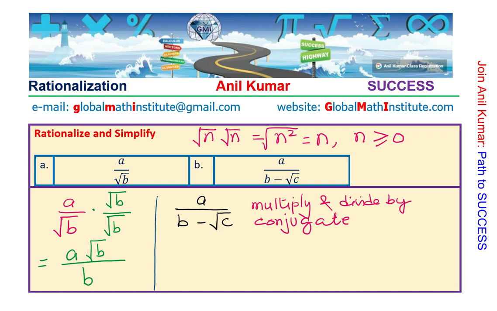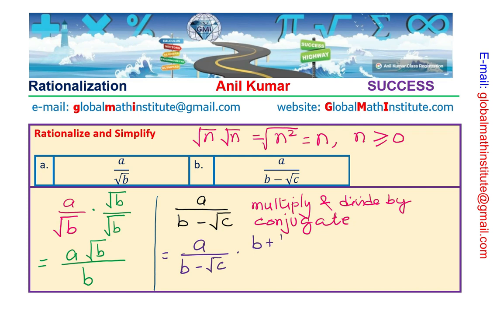Now what is conjugate? We'll rewrite this expression a over b minus square root c. The conjugate is b plus square root c. So we'll multiply and divide by b plus square root c.